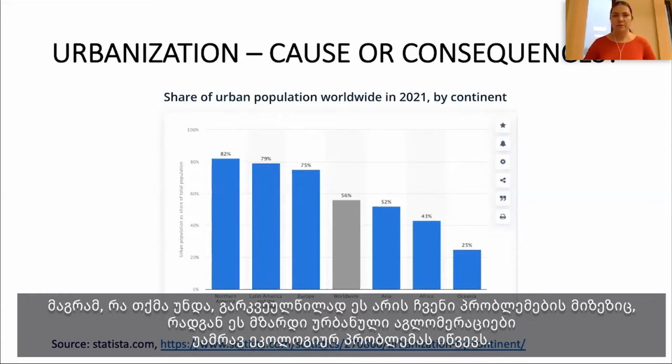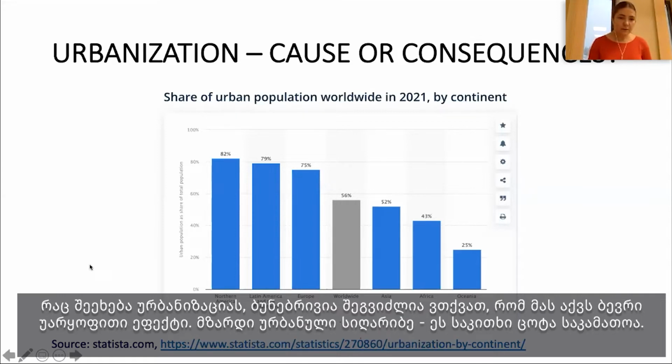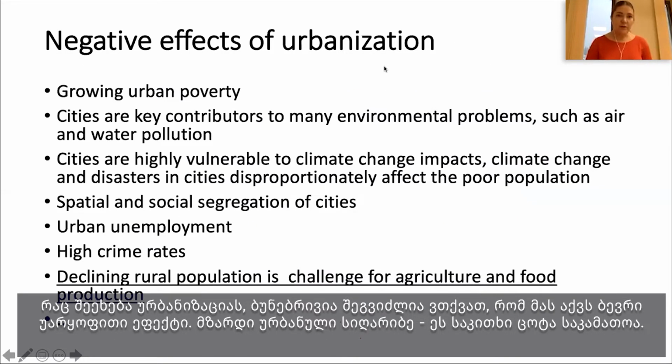But of course, to a certain extent, this is the cause of our problems, because those growing urban agglomerations cause a lot of environmental problems. So when it comes to urbanization, we can of course say that it has a lot of negative effects. Growing urban poverty, this is a little bit controversial.